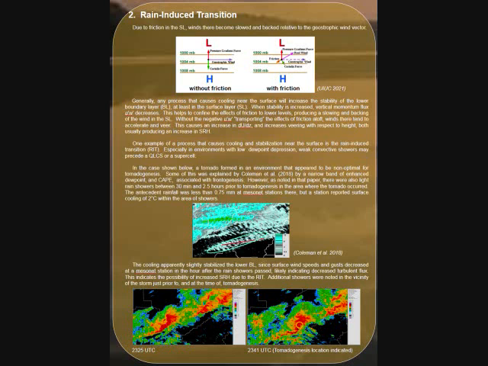Now, any process that causes cooling near the surface will increase the stability of that layer and decrease the vertical momentum flux, or the vertical flux of horizontal momentum, which tends to transport the effect, for lack of a better word, of the friction aloft.